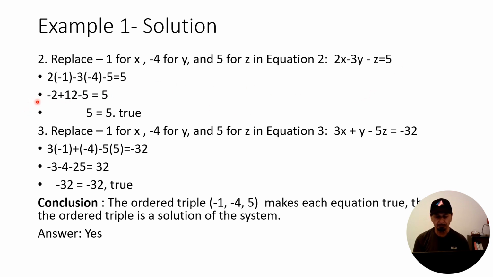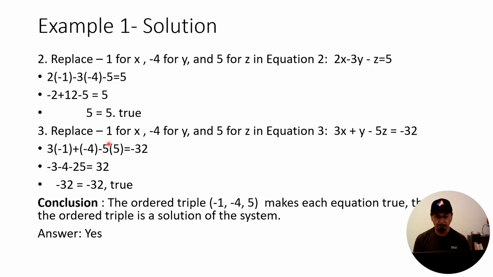Now I simplify: 2 times -1 is -2, and -3 times -4 will be 12, and minus 5. So minus 2 plus 12 is plus 10, and 10 minus 5 is 5. So we have 5 equals to 5, which is true again. So that means -1, -4, and 5 is also a solution to equation number 2.